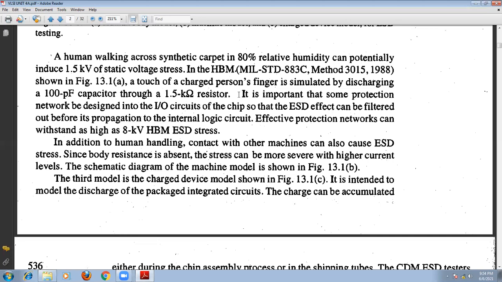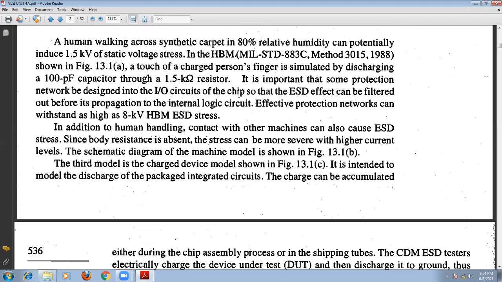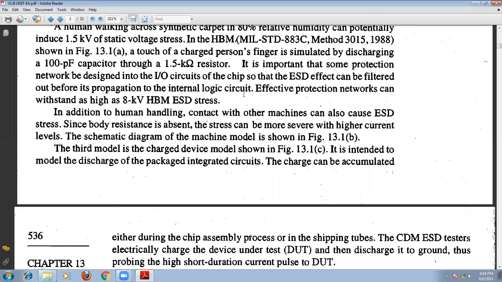And what is the protection network in this case? Just remember, not only the human body, we will discuss it afterwards, but we also come into contact with machines. Machines also cause electrostatic discharge stress.